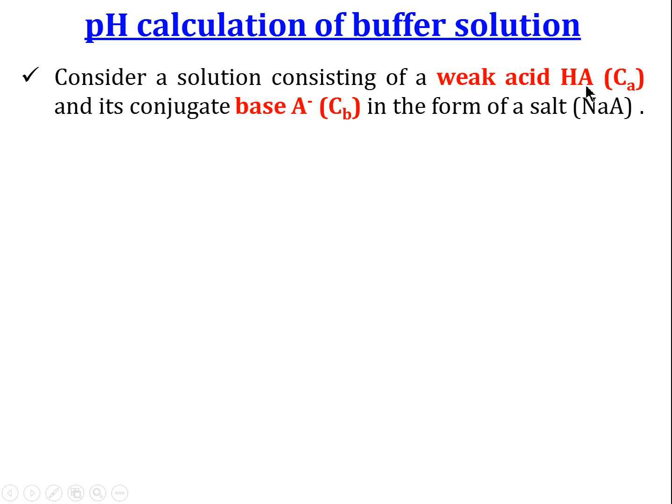Note that when we mix HA and A- in the solution at t equals 0, we have a dilution effect. So we have to calculate the new concentrations in the solution at t equals 0 after dilution. We suppose that Ca and Cb are the initial concentrations in the solution of HA and A- respectively after dilution.